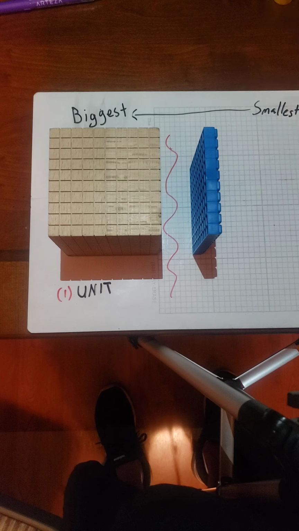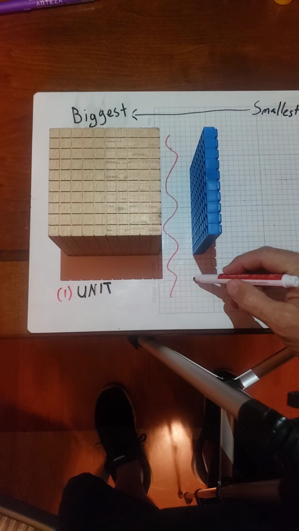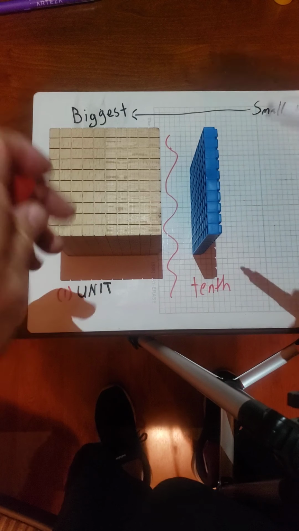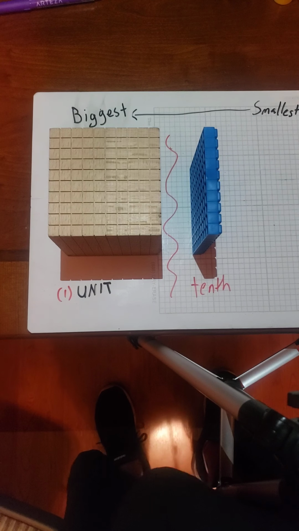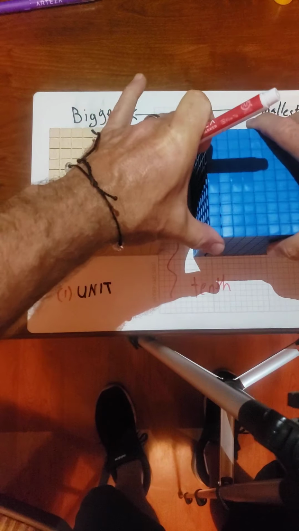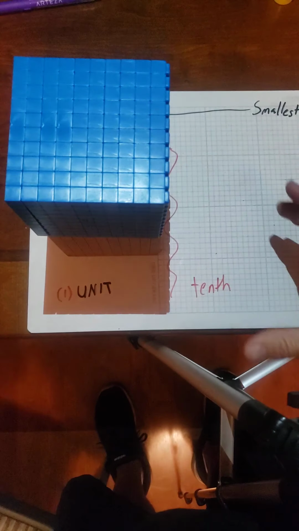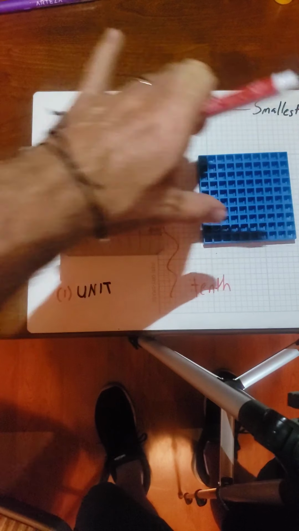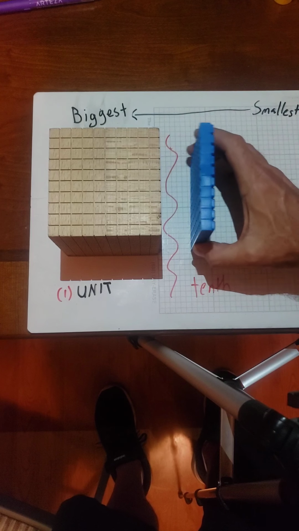And so this one is not 1, but it is a 10th of that one. Okay, so it's a little bit smaller. And then the reason it's a 10th is because it would take 10 of these to make 1 unit. All right, so if I only have 1 of them, then we call that a 10th.